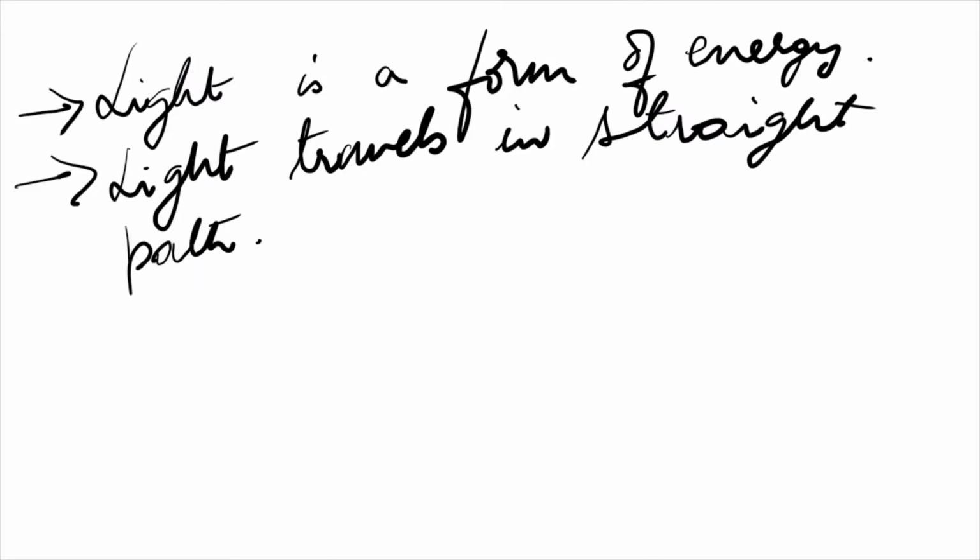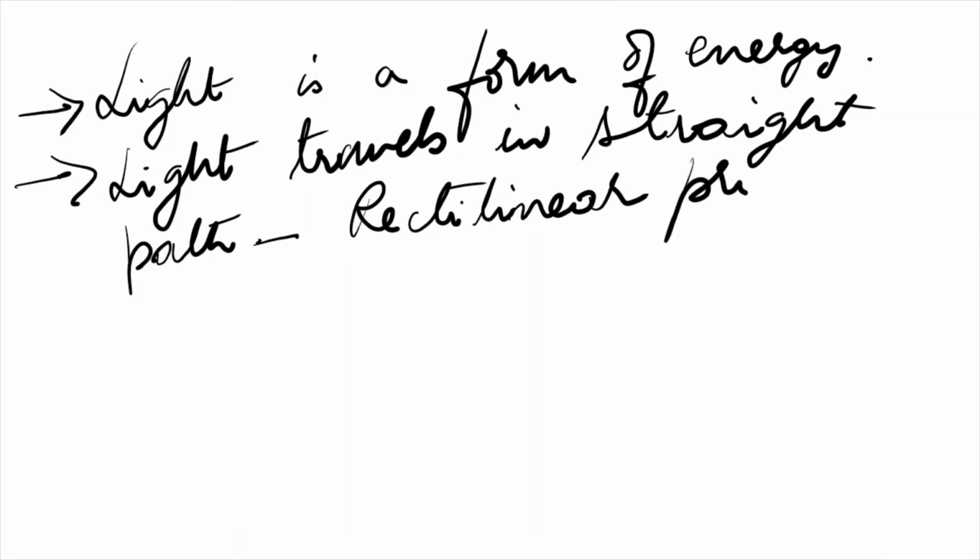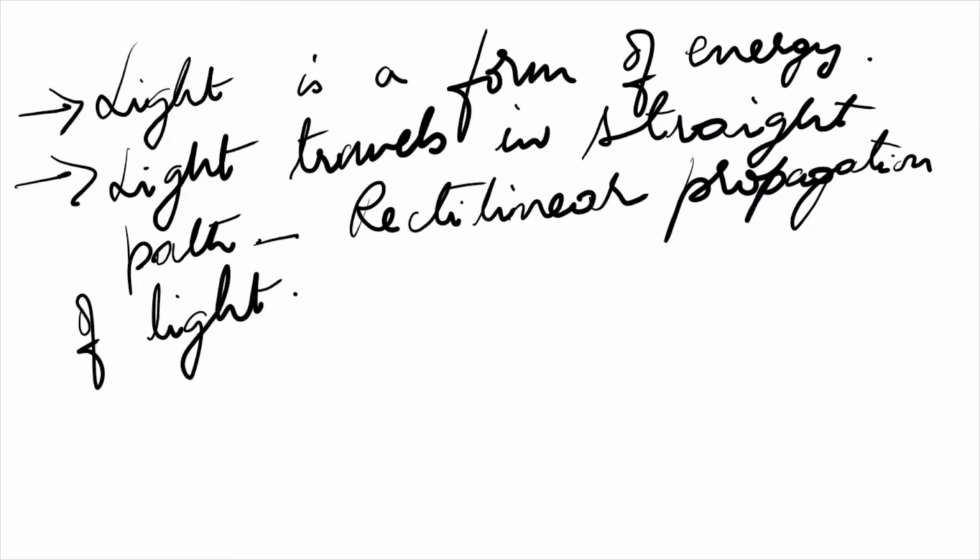I am sure you have learnt all this in your 6th standard. Light travels in a straight path, and this phenomenon is called rectilinear propagation of light.